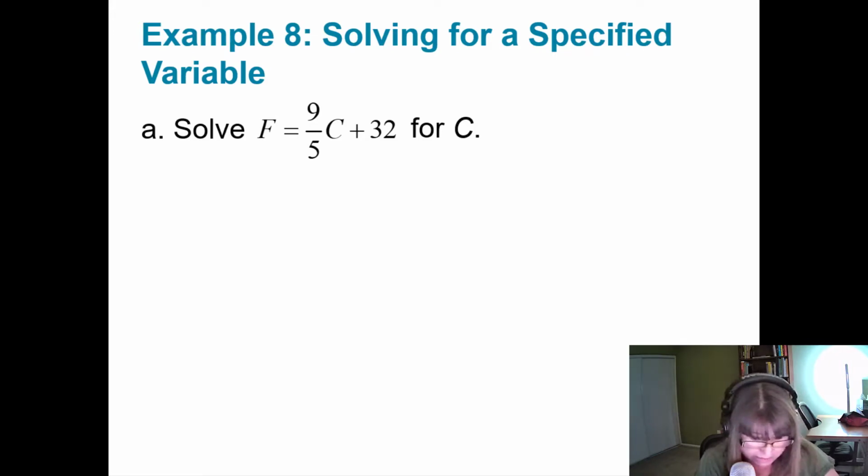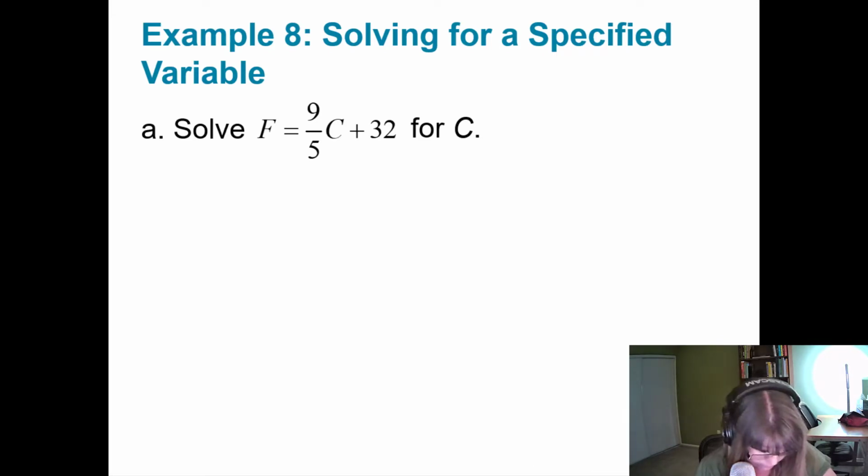So first things first, if I want to solve for C, that means everything else on that side has to go away. I have to be very careful to think about what's happening to the side versus what's happening to the variable. The things that are happening to the whole entire side go first.